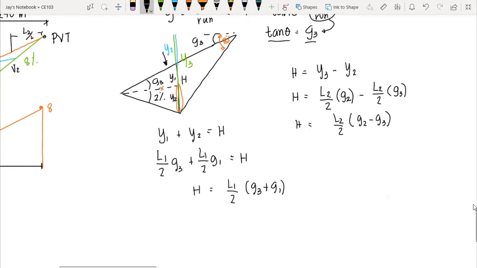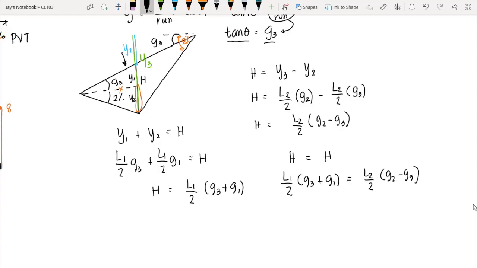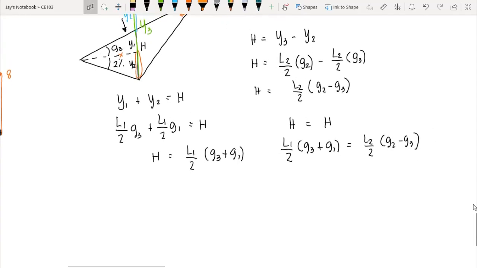So we have now the relationship in which we equate the two H's. That means we have here L1 over 2, G3 plus G1, that is the grade, is equal to L2 over 2, G2 minus G3. So to compute for G3, we substitute all the available values here, in which we know that L1 is 400 over 2, G3 is unknown, plus G1 is 2%.